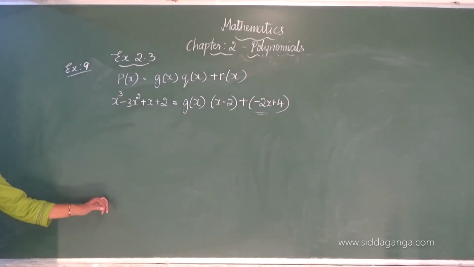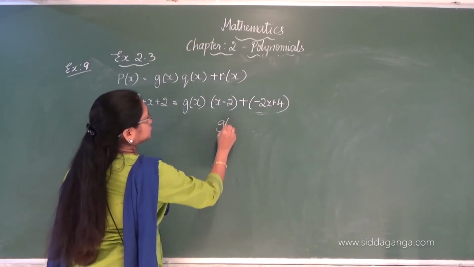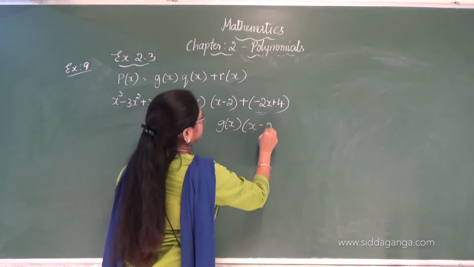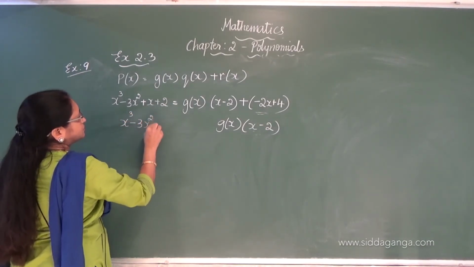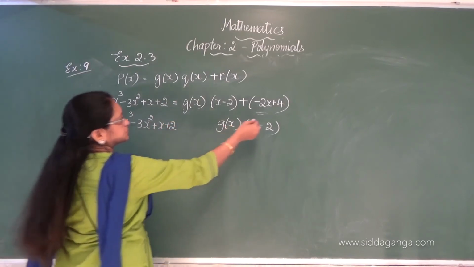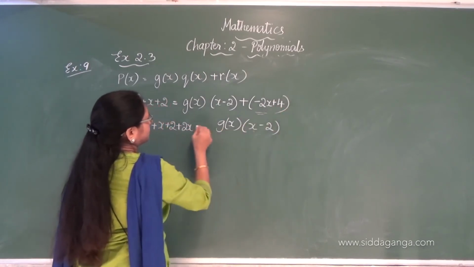So now we will just do it. We will transpose this. So let g of x into x minus 2 be there. Now x cube minus 3x square plus x plus 2, when we transpose the minus 2x, this will become plus 2x, and plus 4 will become minus 4.